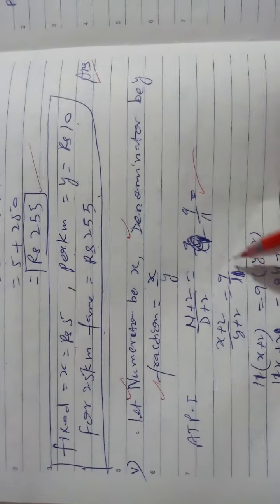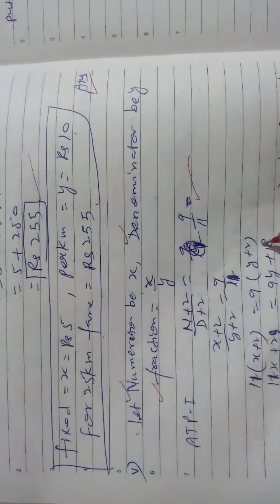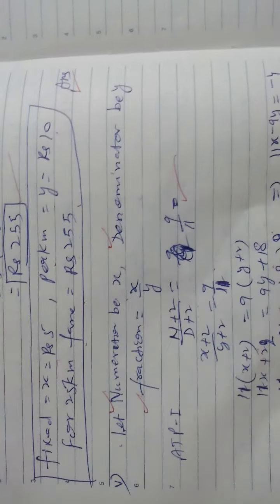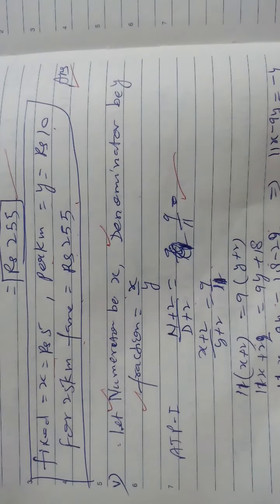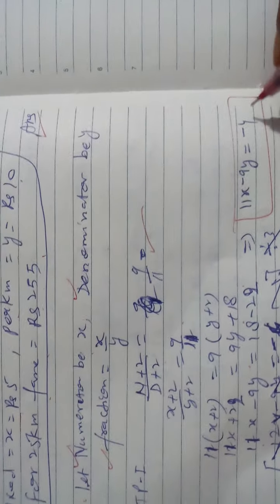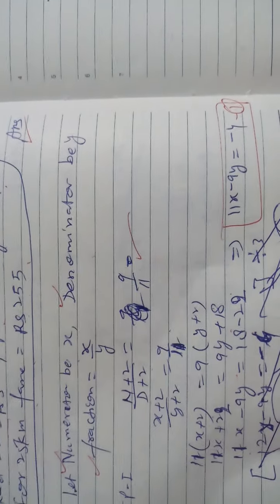Cross multiply, by mistake I have written 12. So cross multiplying, you are getting 11x plus 22 is equal to 9y plus 18, so 11x minus 9y is equal to 18 minus 22. It is your equation number 1: 11x minus 9y is equal to minus 4.